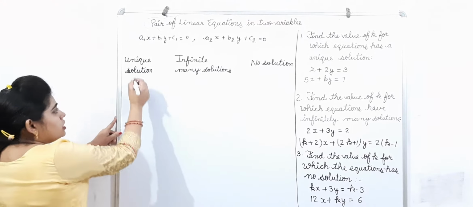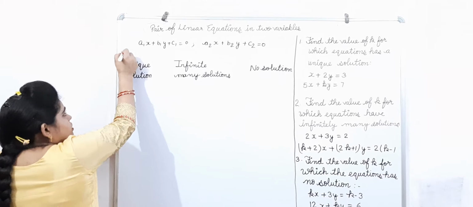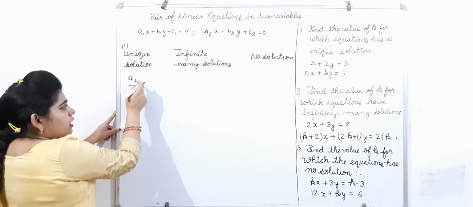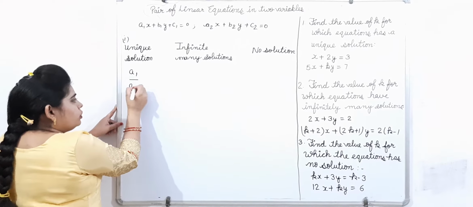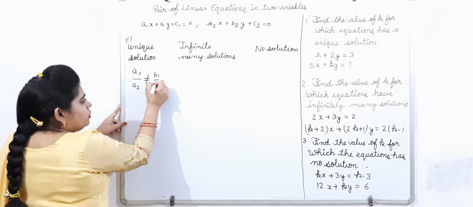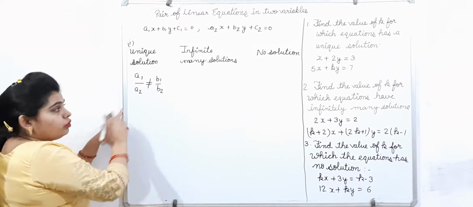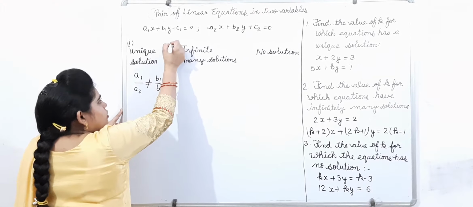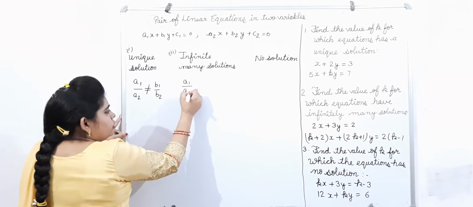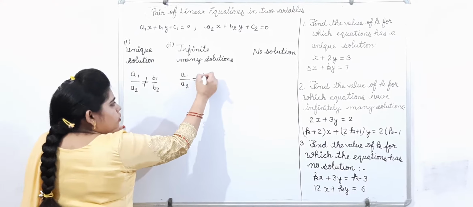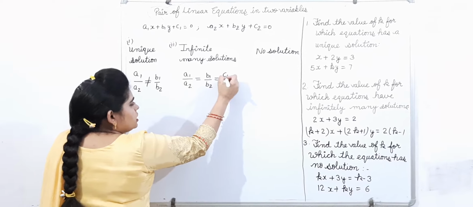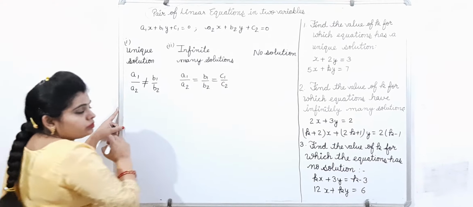So first is unique solution. For a unique solution, the condition is that a1 by a2 is not equal to b1 by b2. For infinitely many solutions, a1 by a2 is equal to b1 by b2 is equal to c1 by c2.